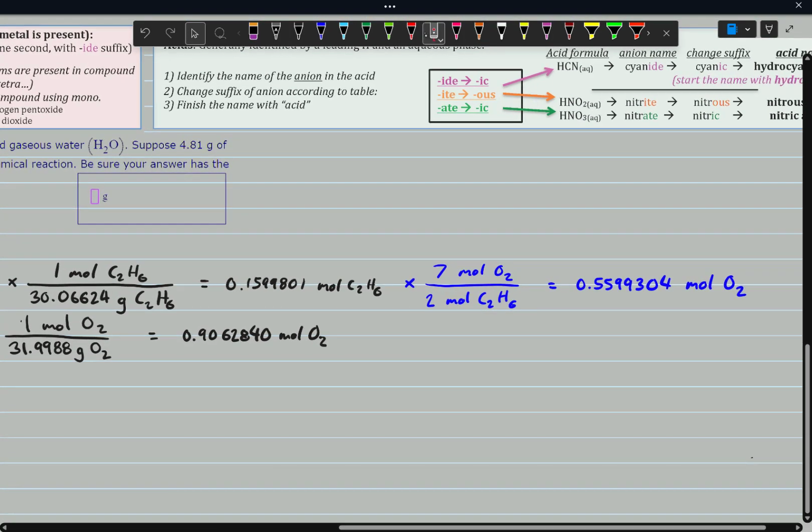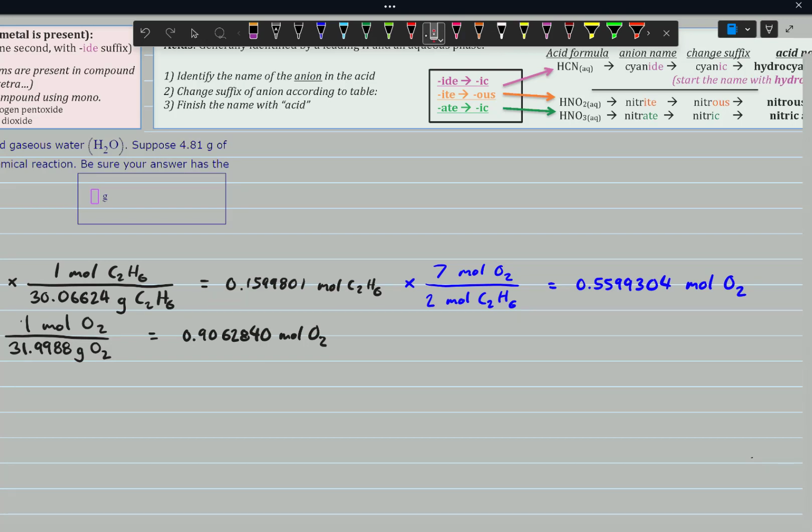So for every 0.15998 moles of ethane, we consume 0.5599 moles of oxygen gas. Notice that that is quite a bit smaller than the initial moles of oxygen present at the beginning of the reaction.